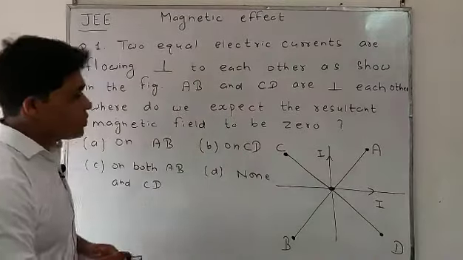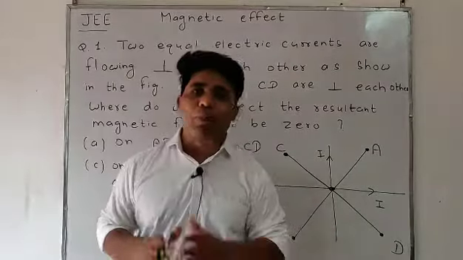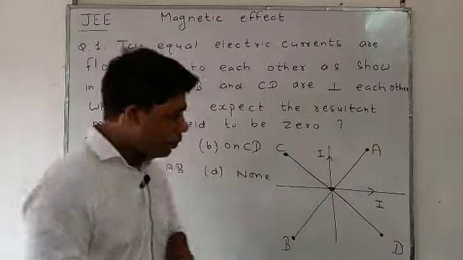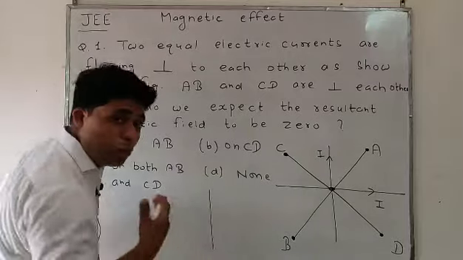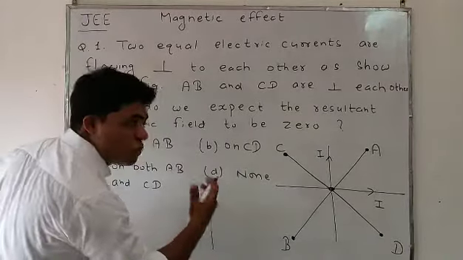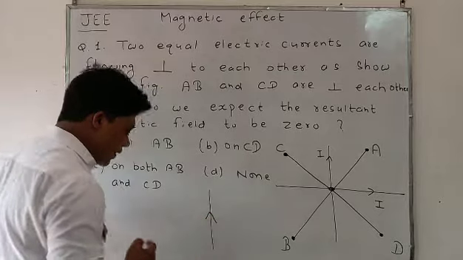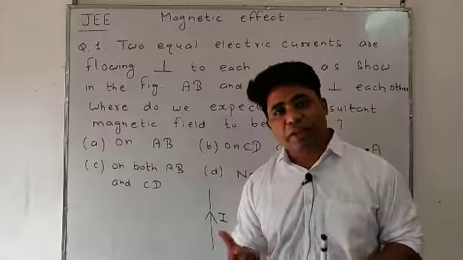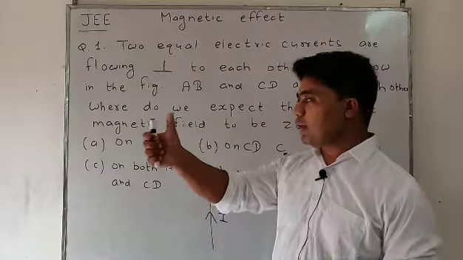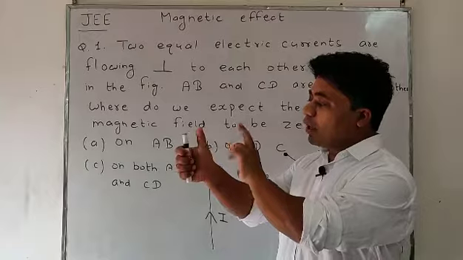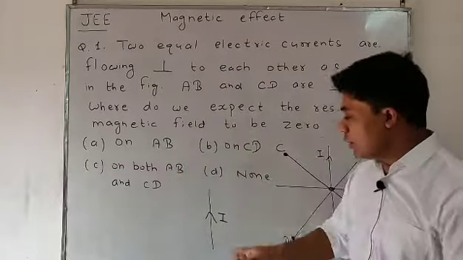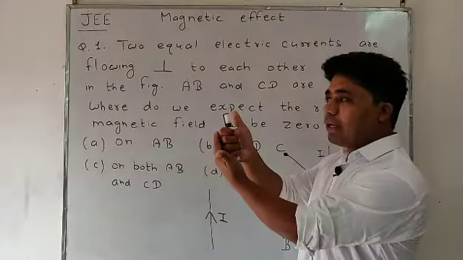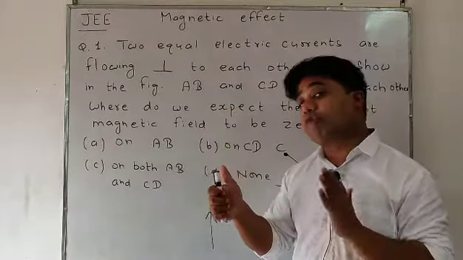Look at students. Before starting the solution, I'm going to tell you the right hand thumb rule. What is the right hand thumb rule? Roughly, I'm going to explain, because this question is based on it. Suppose that is a conductor wire having current I. When we hold the conductor wire in such a way that the thumb shows the direction of current, moving in the upward direction, then the direction of the fingers always represents the direction of the magnetic field.